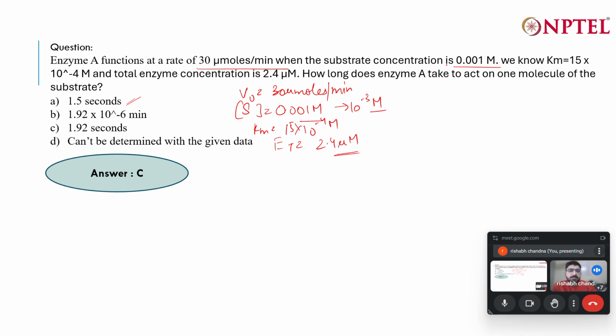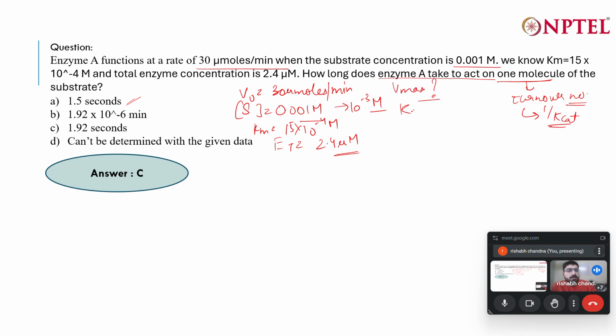Now, in order to check the time that enzyme A takes to act on one molecule, that means it is asking for the turnover number. Okay, so the turnover number is given by 1 by kcat. So for this, we will need Vmax first.